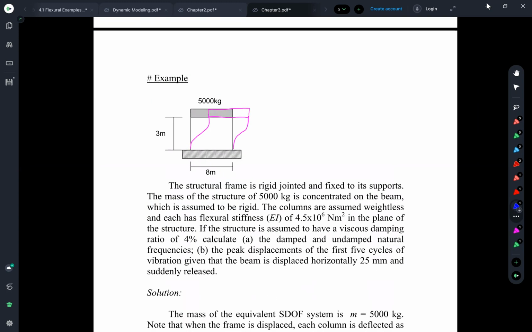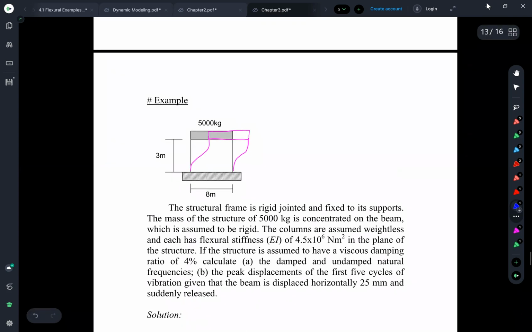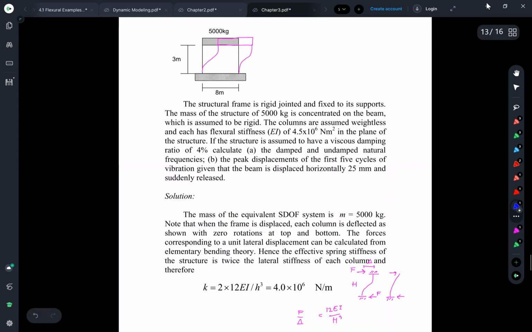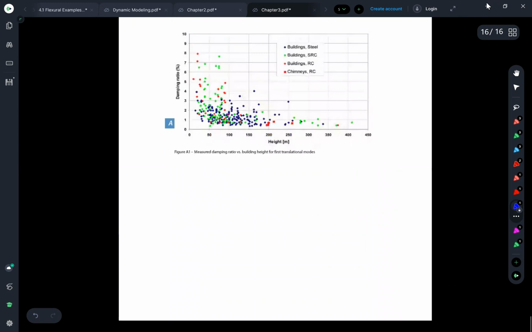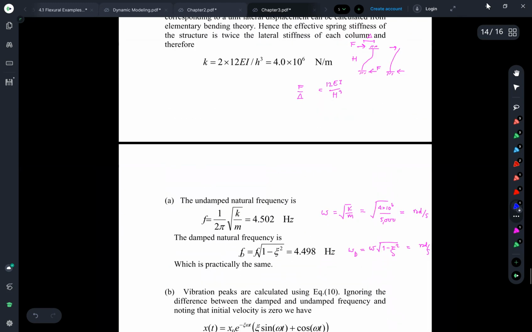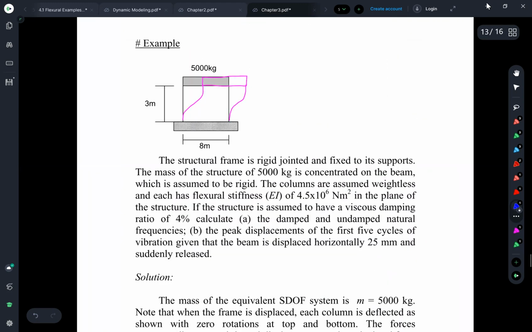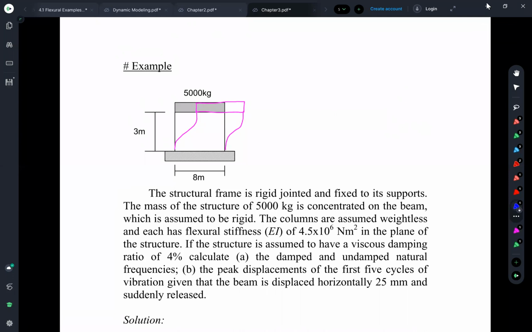Okay, let's look at one of the examples before the end of the chapter. The structural frame is rigid, jointed, and fixed on its support. You see, it has the mass M, 5,000 kilograms.